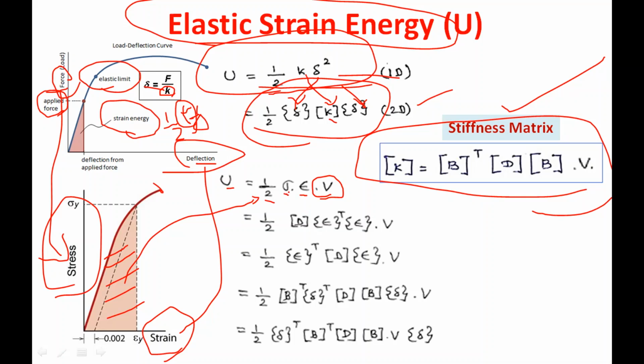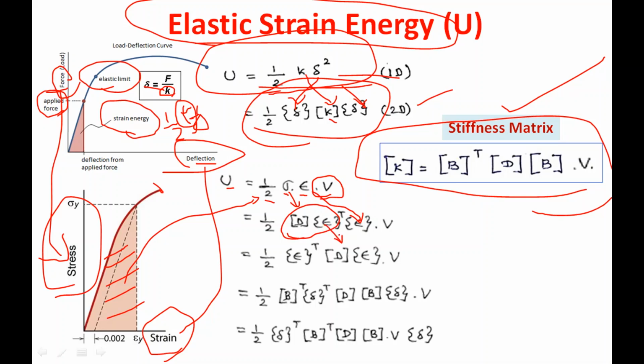Now what is sigma? Sigma is nothing but D multiplied with epsilon. That is the stress strain relationship. Again we get the strain matrix. What is the strain matrix?